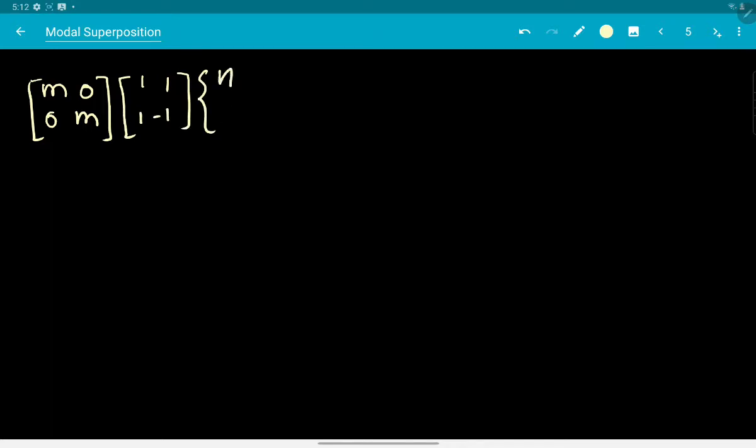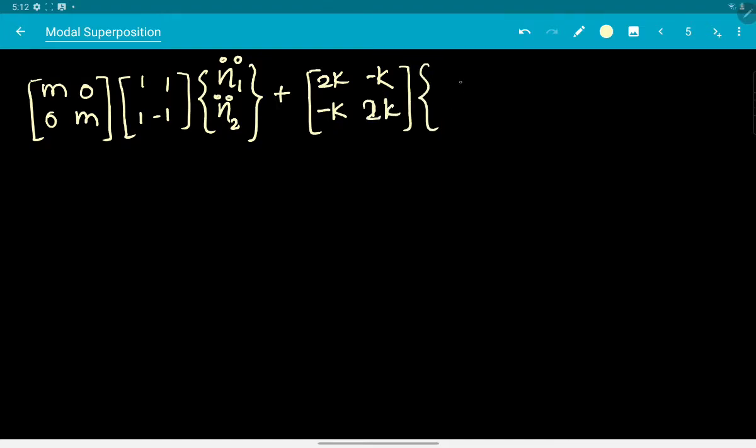If we do that substitution, we get the mass matrix [m 0; 0 m] times [1 1; 1 -1] times eta 1 double dot, eta 2 double dot, plus [2k -k; -k 2k] times eta 1, eta 2.